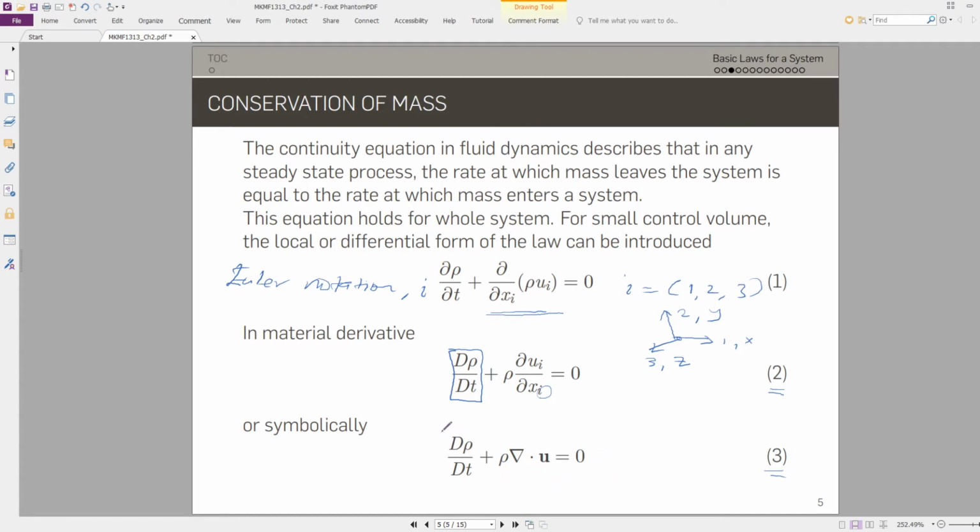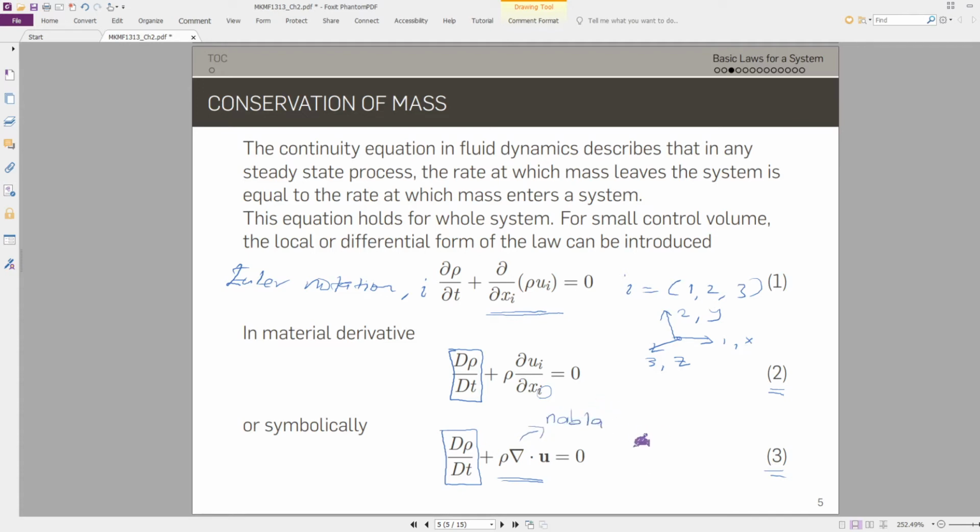So we still have the material derivative d rho over dt, but for the convection term, instead of partial differential equations to represent the convection term, now we have the symbol nabla. So this is known as nabla.